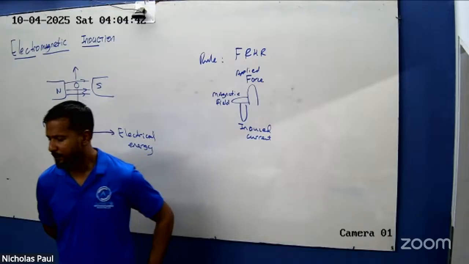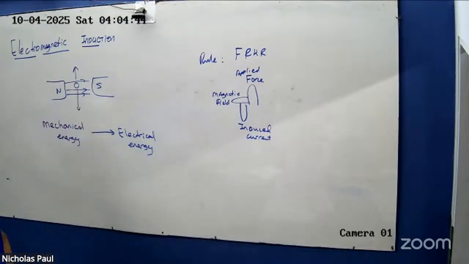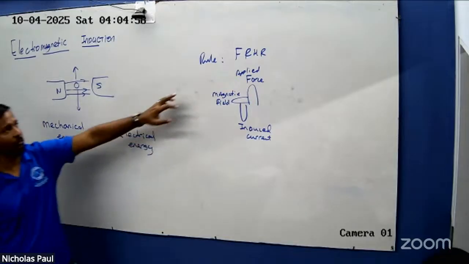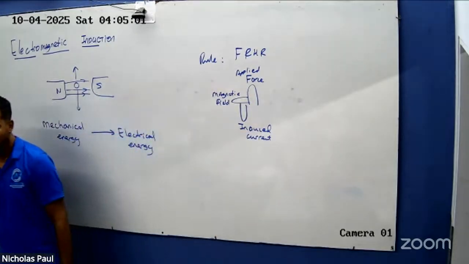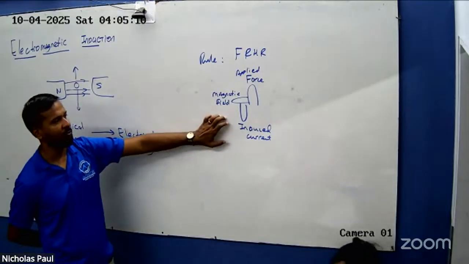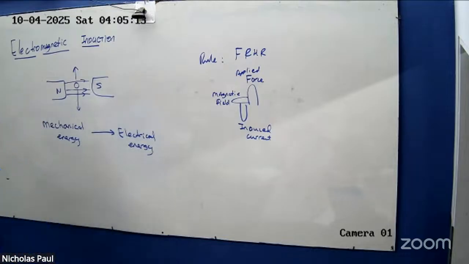The direction of this current is given by Fleming's right-hand rule. Then you can draw this and write this rule, and we'll do a few examples.